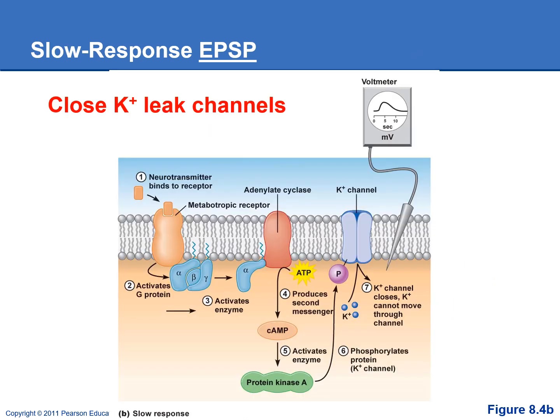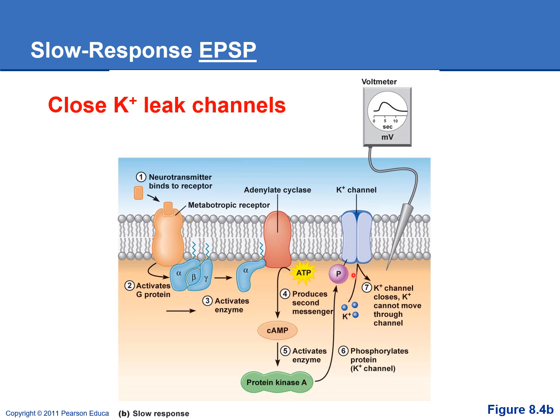Okay, and then here's the other way we can create an EPSP. We've got neurotransmitter binding to our G protein linked receptor, also called a metabotropic receptor. Part of the G protein takes off, we're going to turn on this enzyme, and we're going to create our second messenger. We've got cyclic AMP here. We're going to activate our protein kinase, which remember phosphorylates proteins.